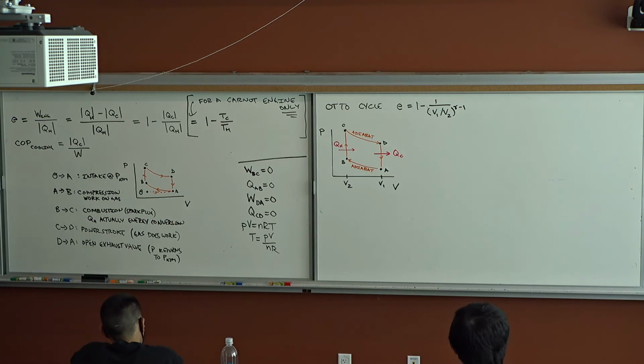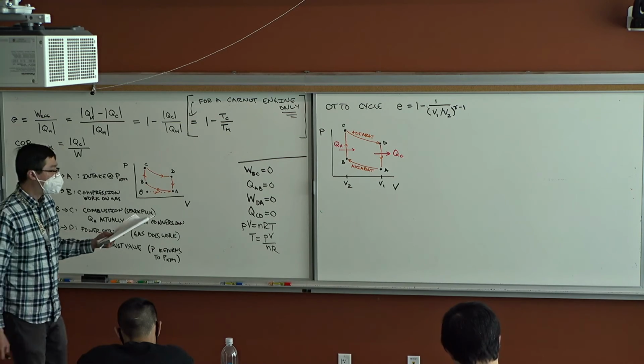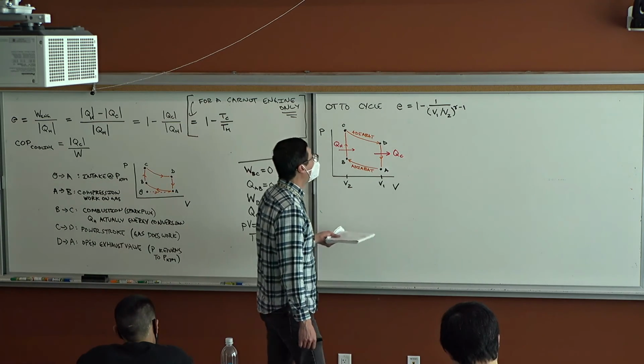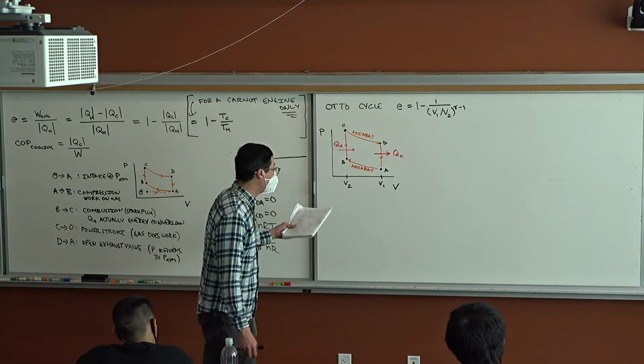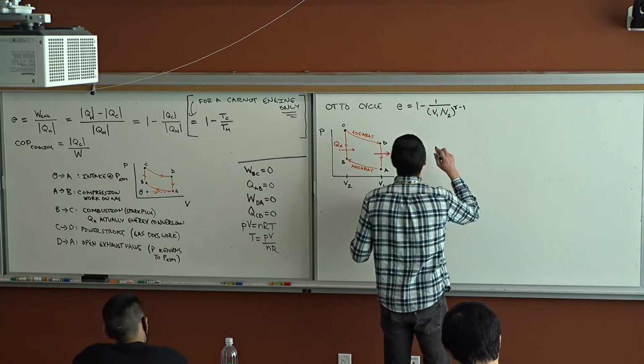So if our compression ratio is about 8 and gamma is about 1.4, give or take, then our Otto cycle winds up being about 56%.